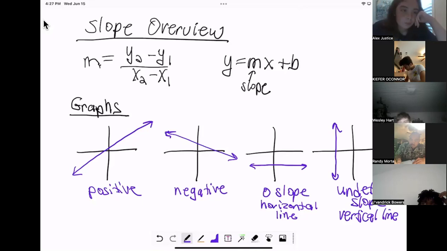I just want to sort of put it all together into one little overview for you, so you have like the big picture. And then lastly today, we have two kinds of pairs of lines that we just need to talk about.